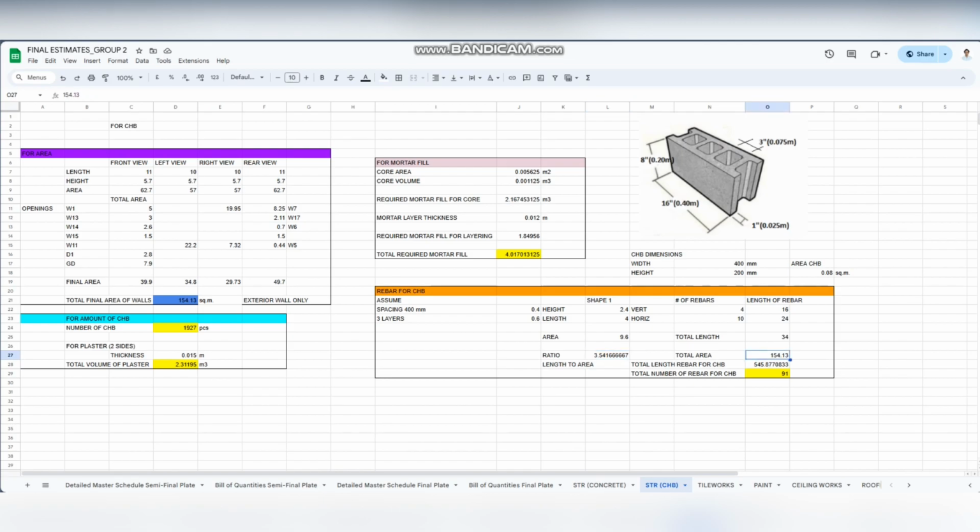So I ratioed it to the total area, which is 154.13. Then we have the total length of rebar for CHB. Then we divide it by 6. Then we get the total number of rebar for CHB, which is 691 pieces.